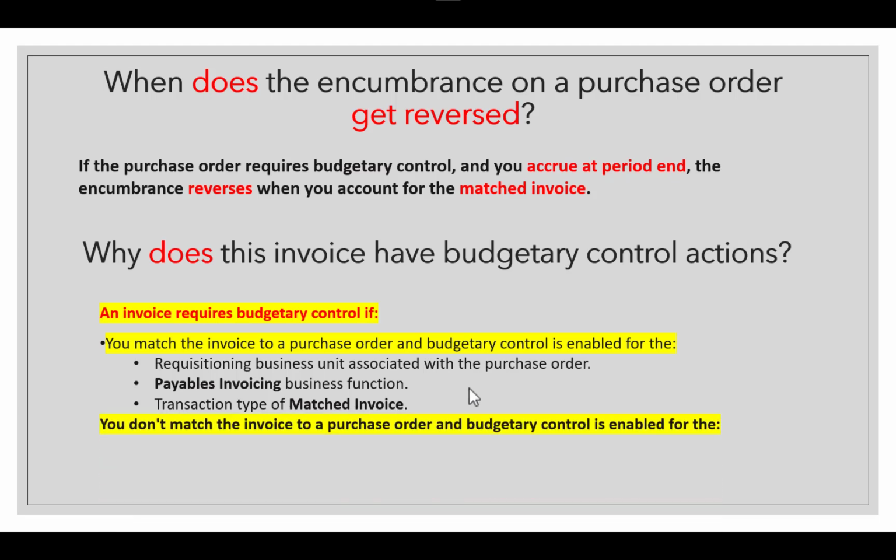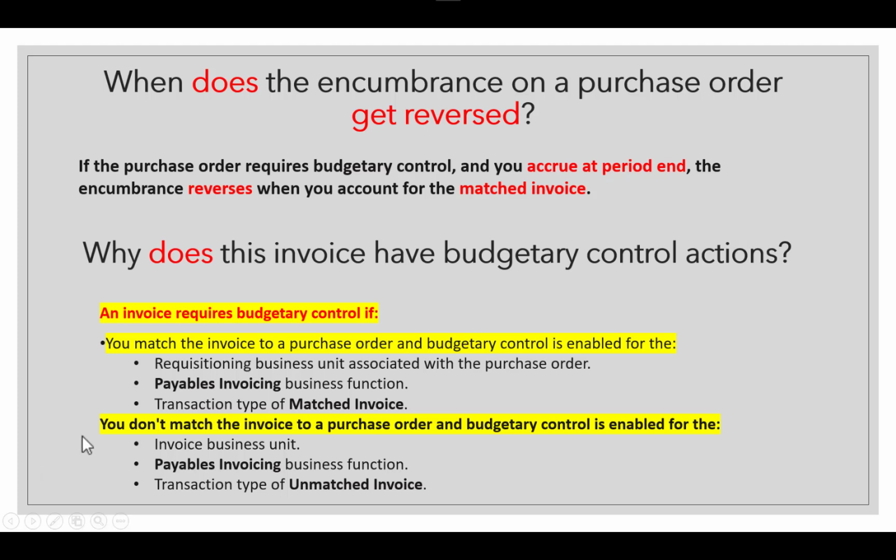Also, if you don't match the invoice to a purchase order and budgetary control is enabled for the invoice business unit instead of the requisition business unit, the payables invoicing business function, and the transaction type of unmatched invoice.